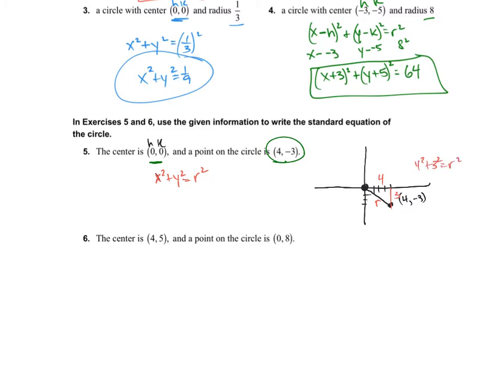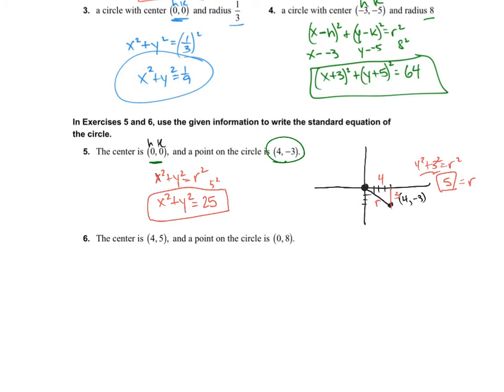And those of you that see this will recognize that this is a 3, 4, 5 Pythagorean triple, so r is going to be 5. And if you're not sure, work this out. You'll get 16 plus 9, 25, square root of that is 5. So you end up with x squared plus y squared equals 5 squared, so that's 25.